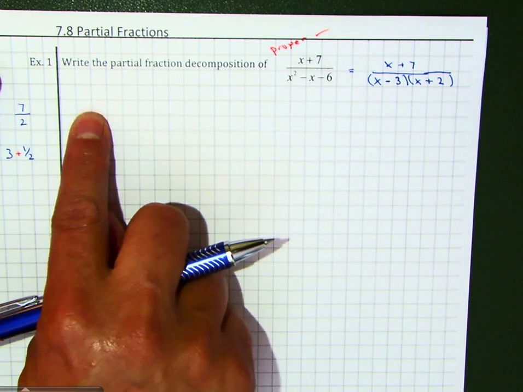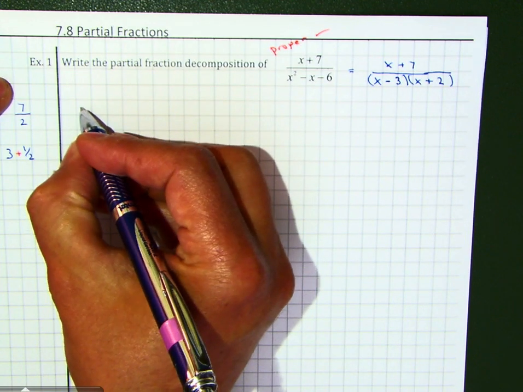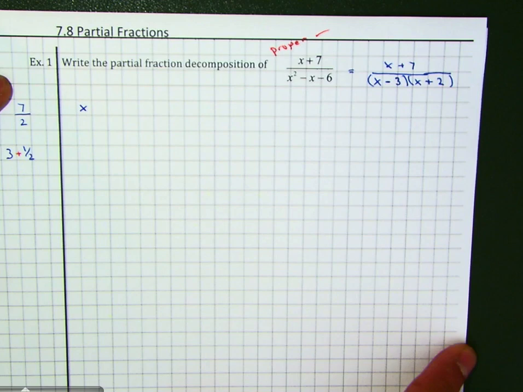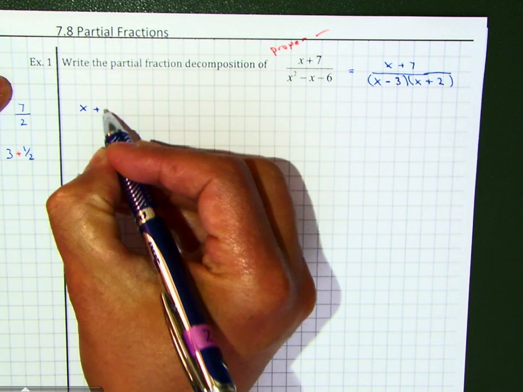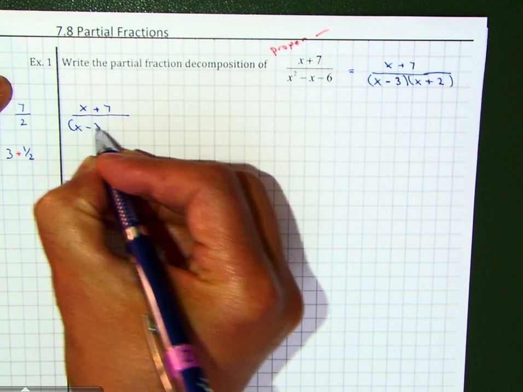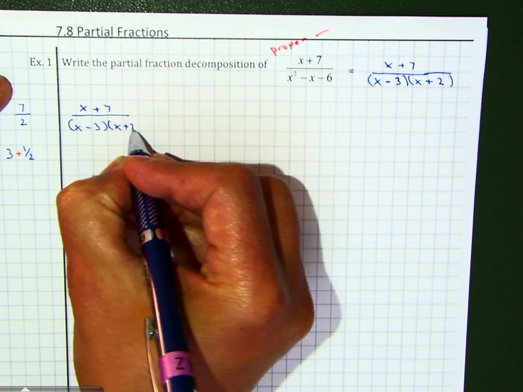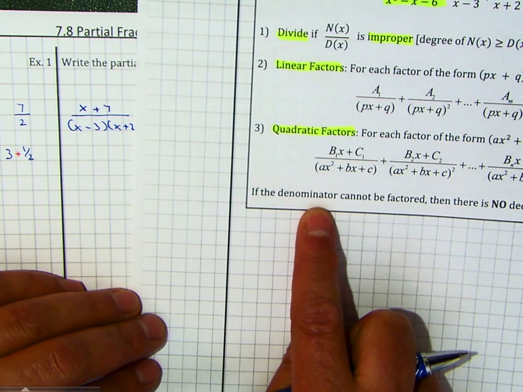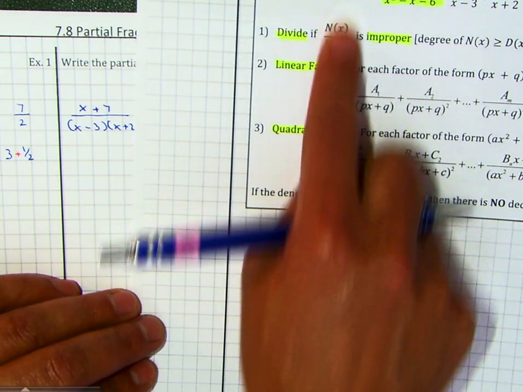So let me rewrite it over here on the left-hand side. Just make sure you give yourself enough space throughout this problem. Therefore, the denominator can be factored, so we can go through this process.